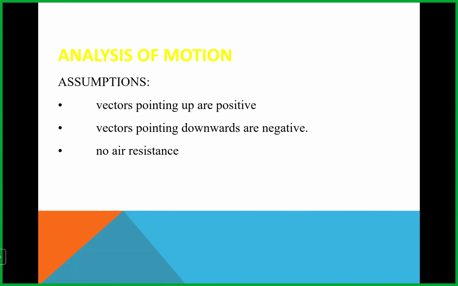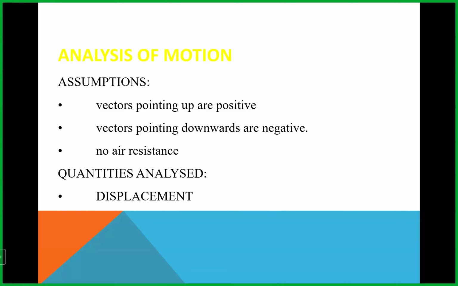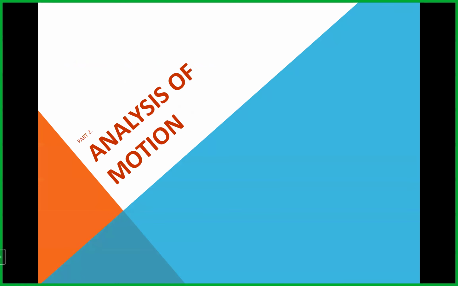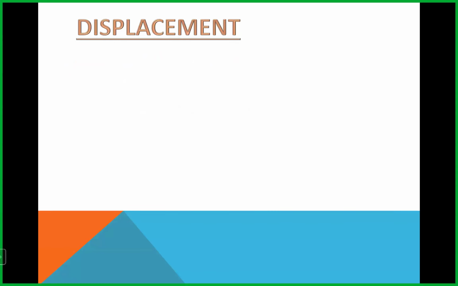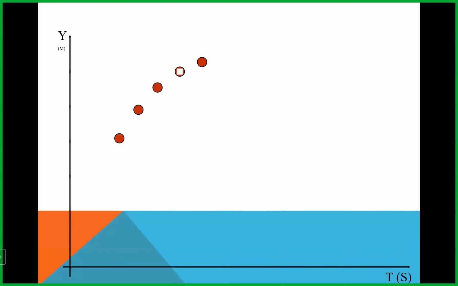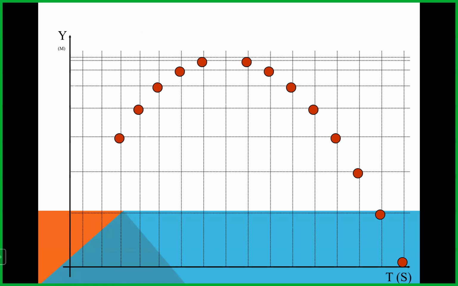There's no air resistance. When there's no air resistance, something very special occurs. And the quantities we're going to analyze are displacement, velocity, and acceleration. I don't want to make this a boring PowerPoint, so this is what we have here. Displacement, according to my definition, straight line path from the beginning to the end points of a journey. There we have a ball that is thrown up into the air and it's coming back down to the ground.